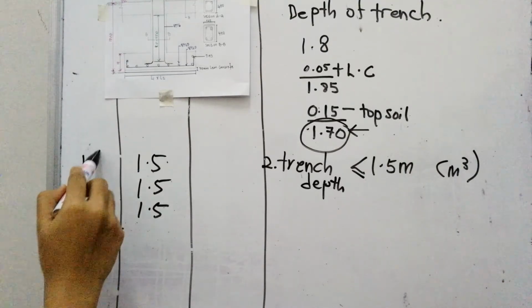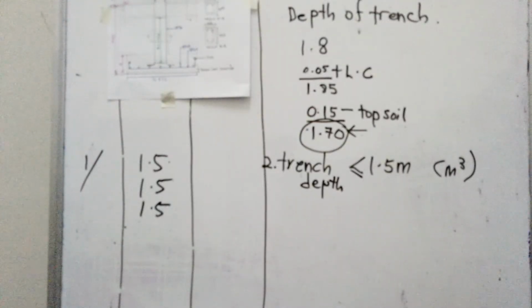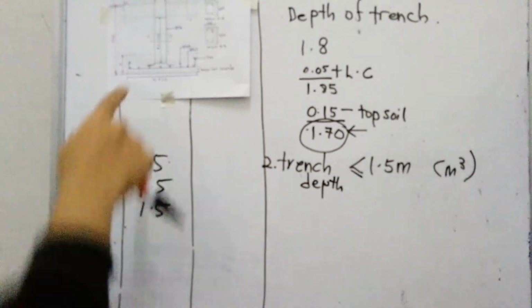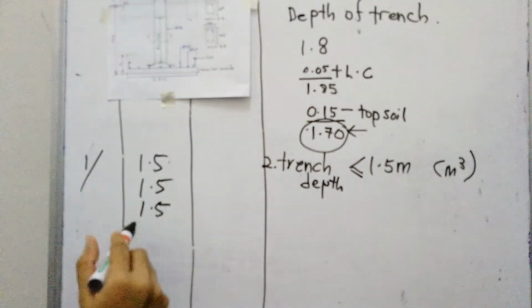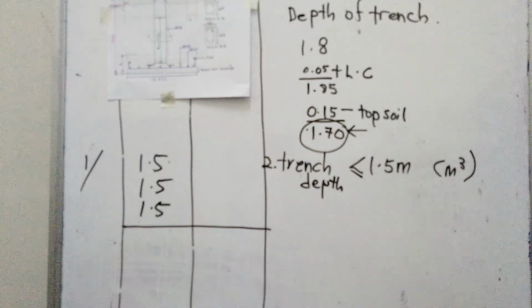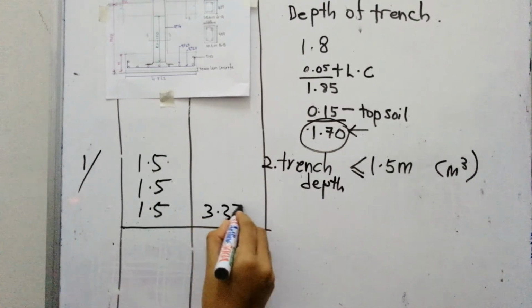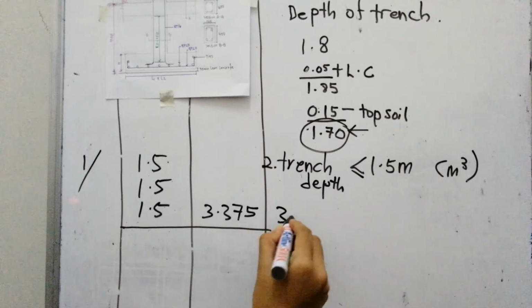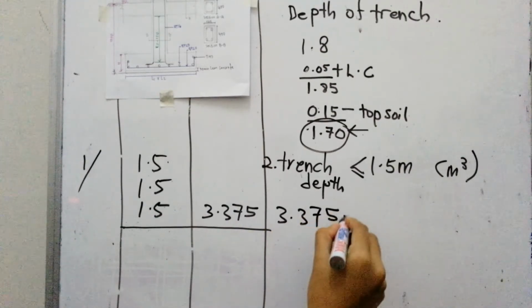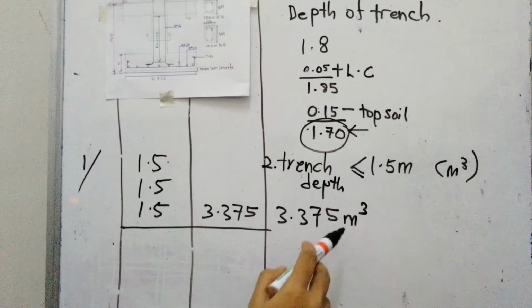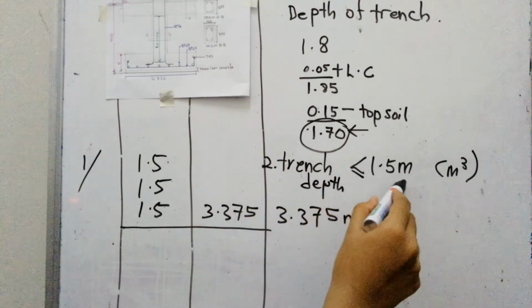The number of footings, including the stump, is 1. So the volume is 1.5 times 1.5 times 1.5 times 1 equals 3.375. This is the second stage, the volume of soil to be excavated for the depth of 1.5.